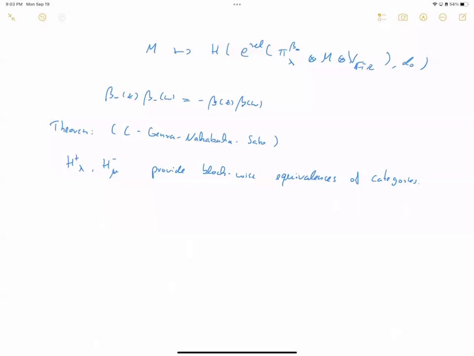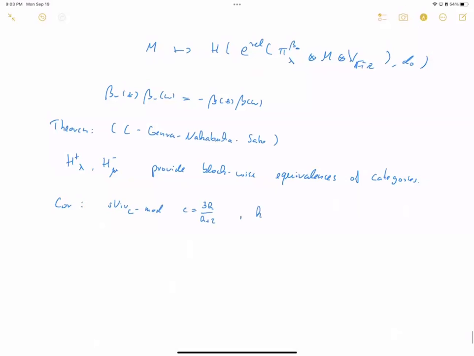Okay, so let me write this a little bit differently. We have the classification of weight modules for SL2, and this blockwise equivalence is good enough that you can write down an explicit block decomposition of the super Virasoro category, but I didn't do that because I'm not sure what I would gain from that.